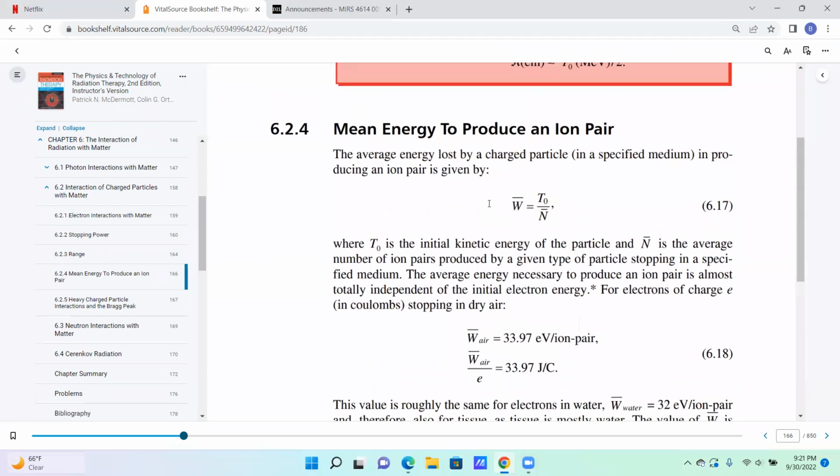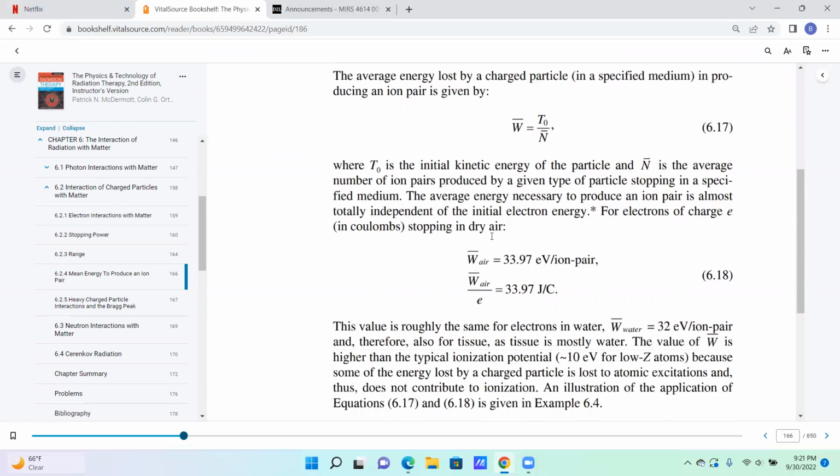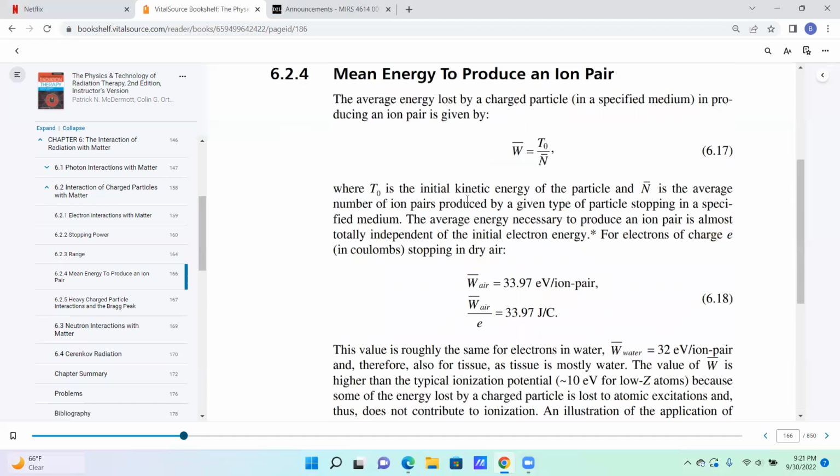So what is the mean energy to produce an ion pair? The average energy lost by a charged particle in producing an ion pair is given by this formula. This is the initial kinetic energy of the particle, and N bar is the average number of ion pairs produced by a given type of particle stopping in a specified medium.